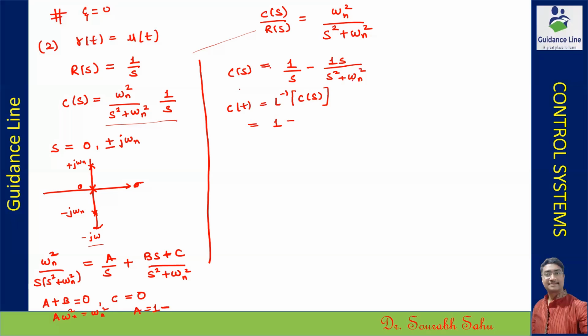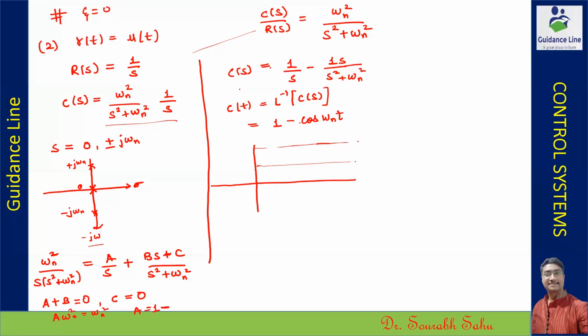So this is nothing but cos of omega n t. If I graphically represent this, you can see we will have a system like this. Its value goes from plus 1 to minus 1, and the first value, cos 0, is 1.